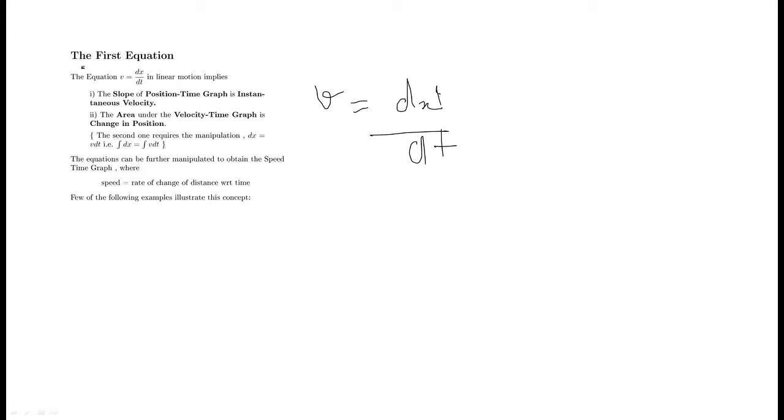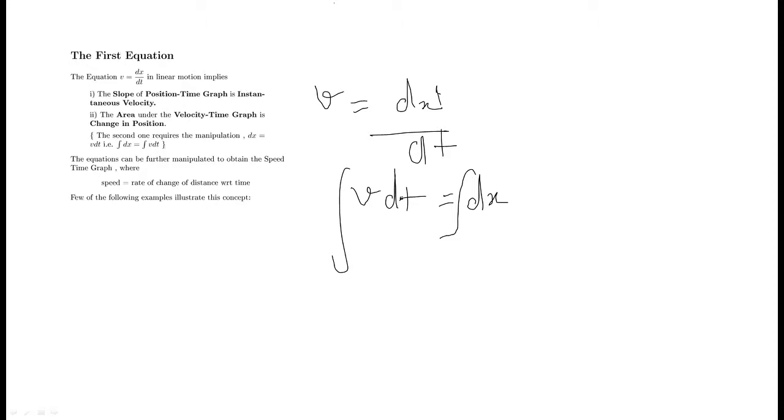Now, if we take the dt to the other side, we get v dt equal to dx. Now we can further integrate it. This is another way of writing the same equation, and it means that the area under the VT graph is change in position.